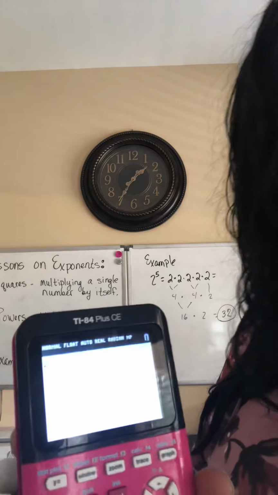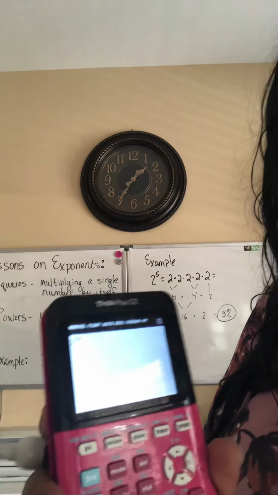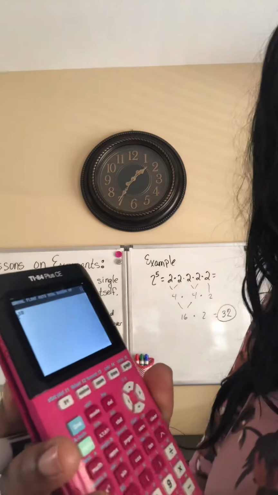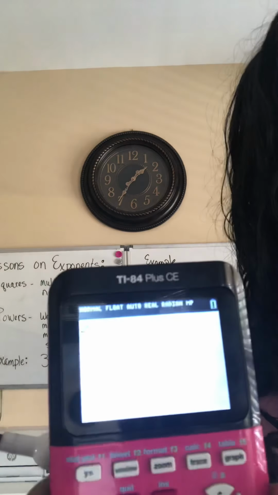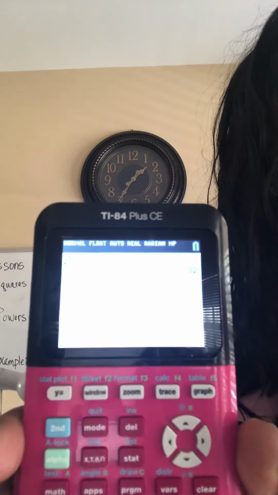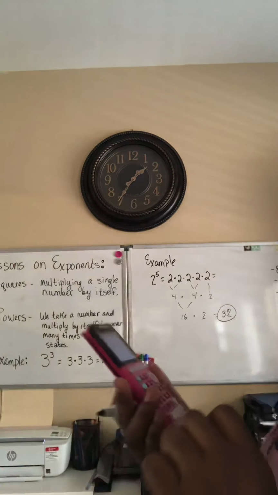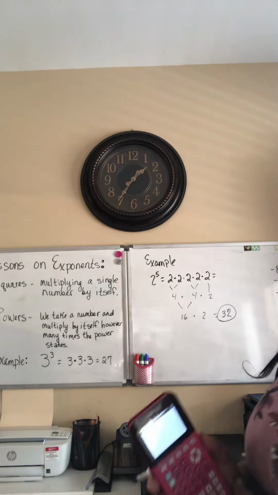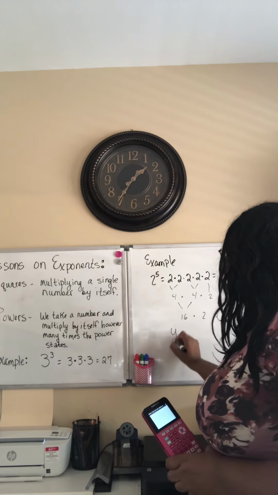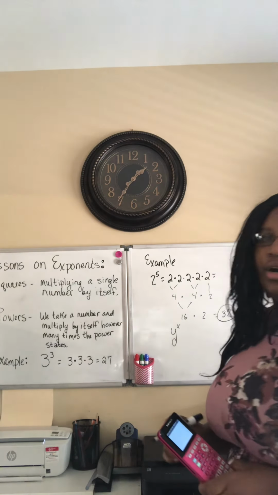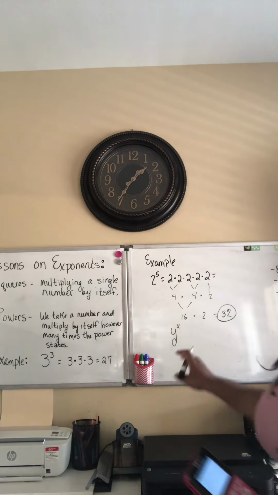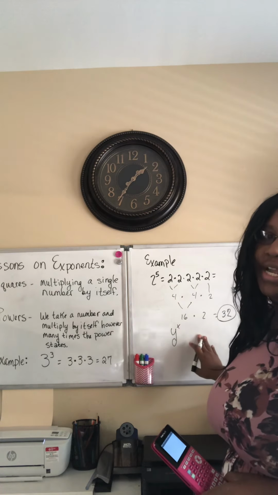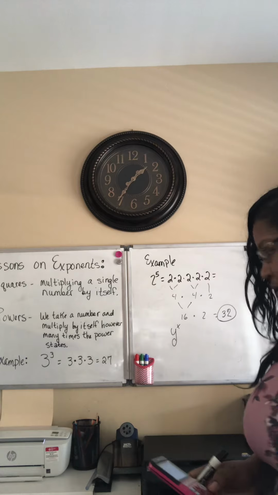I hit my raise-to-a-power button, 5, and then hit enter, and it gives me 32 as my answer. Most calculators have some form of that, and sometimes it looks like the YX button. So you put in the first number, then hit this button, then put in the second number, and it'll give you the power.